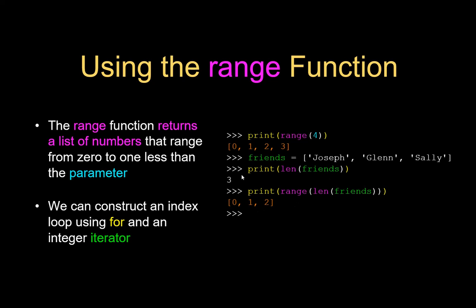So basically we start from 0, 1, 2, 3. We have to remember that this is position 0, this is 1, 2 and 3. So we have a list with 4 values, but the maximum position is 1 below the number that we use here as a parameter.